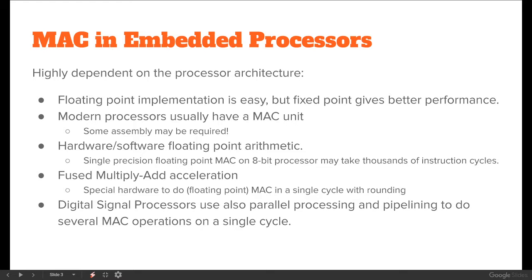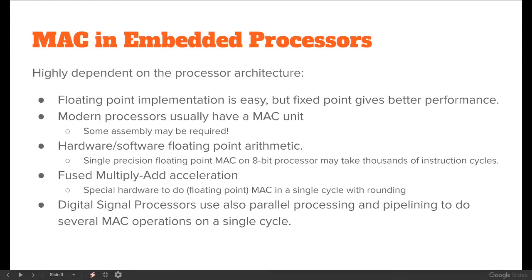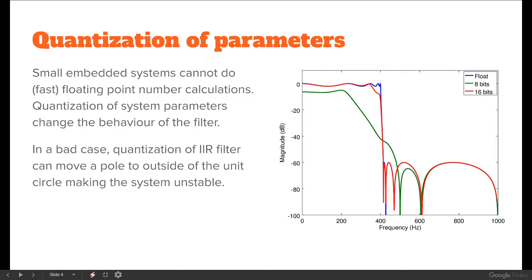But those are special kind of things. Okay, then let's go back to this business. Since it takes so long to do these floating point arithmetics, then we may need to go and do the fixed point calculations, meaning we also have to quantize the parameters.